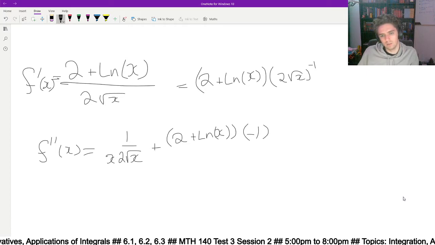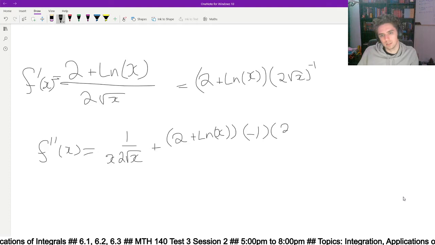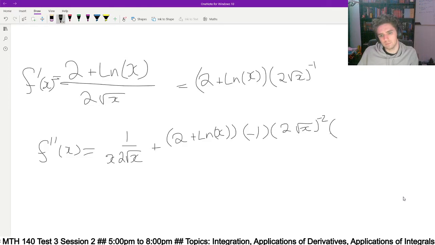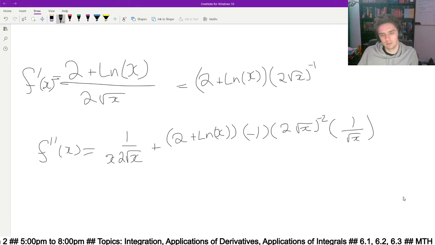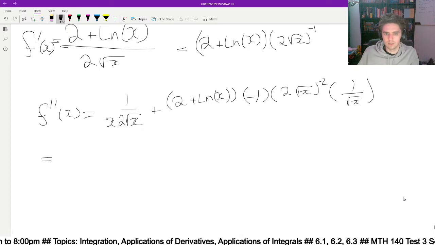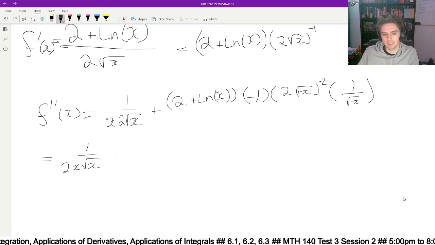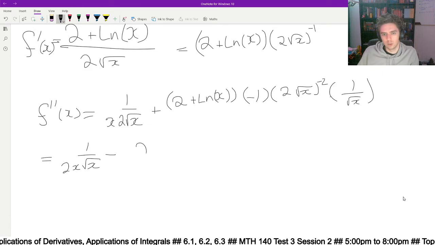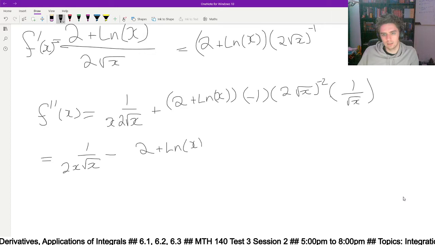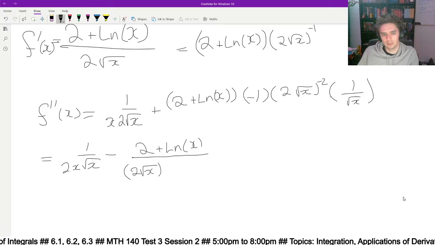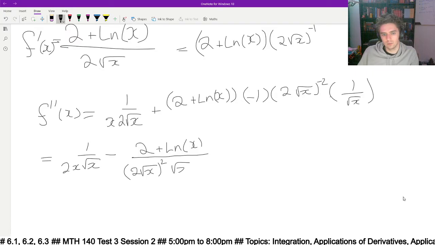It's going to be negative 1 times the second one, 2 root x to the negative 2, times the derivative of the inside, which is 1 over root x. Okay. So 1 over 2x root x, plus, well, actually minus, 2 plus ln x over 2 root x squared root x.